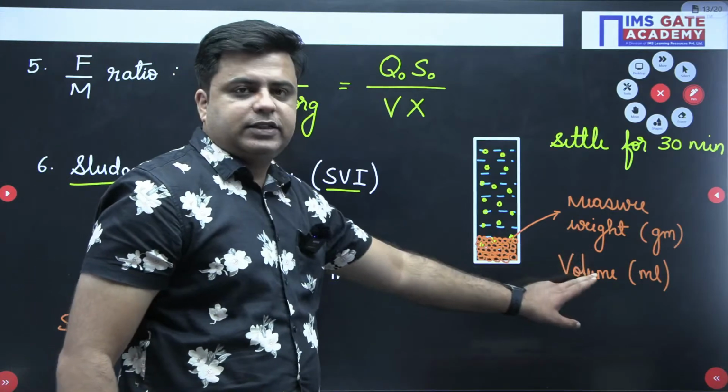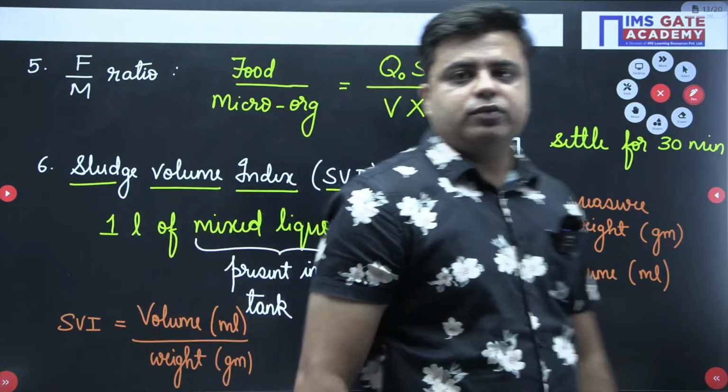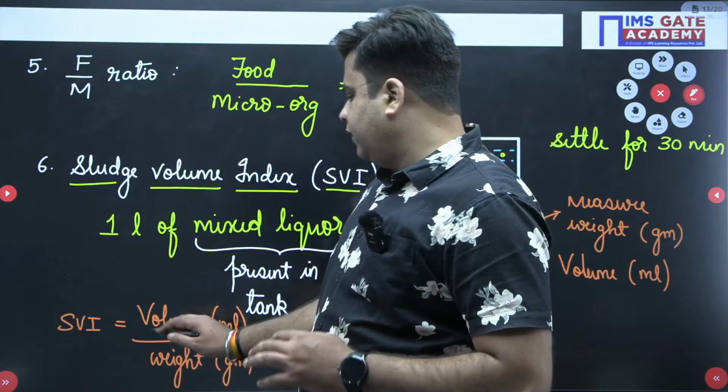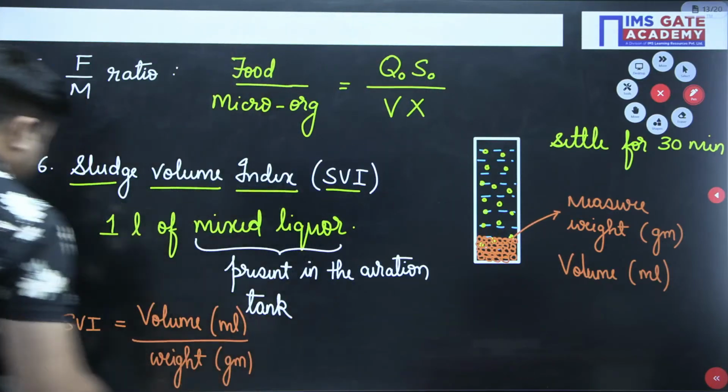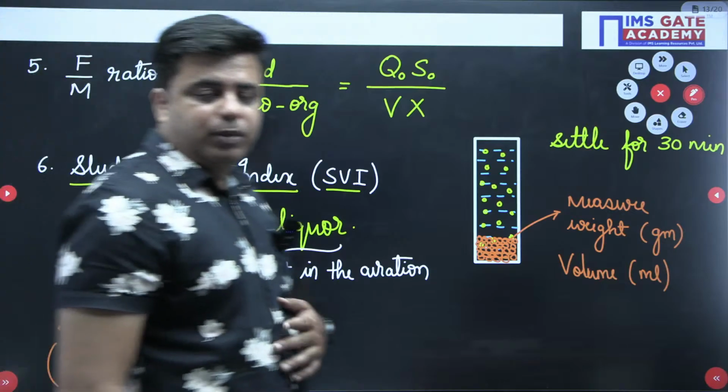This is the weight, this is the volume. You need to take the ratio: volume divided by the weight. So the sludge volume index will always be calculated in ml per gram, right?